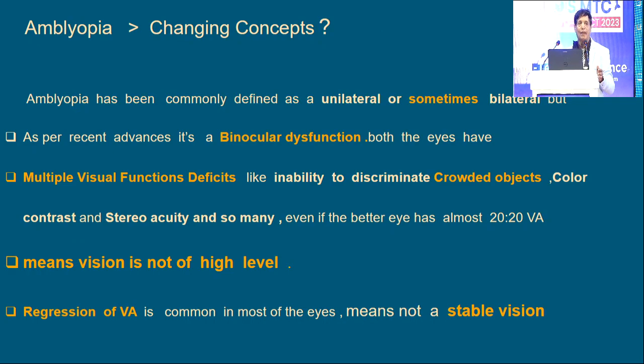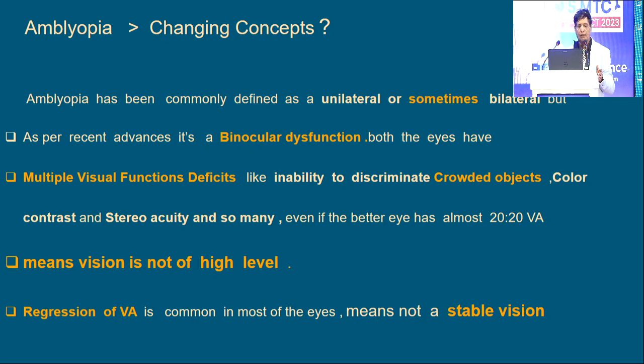Let us come back to the definitions of amblyopia. They are continuously changing. There are changing concepts for amblyopia. We were taught, and it is also given in the textbook, that amblyopia is a unilateral or bilateral disorder.